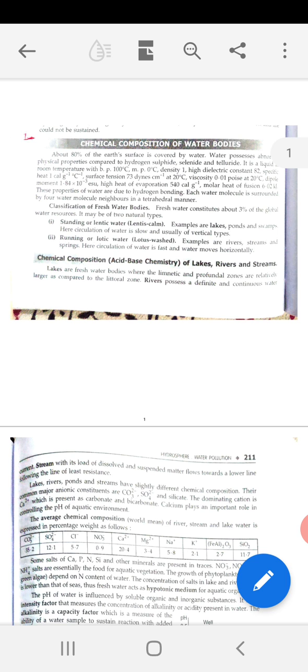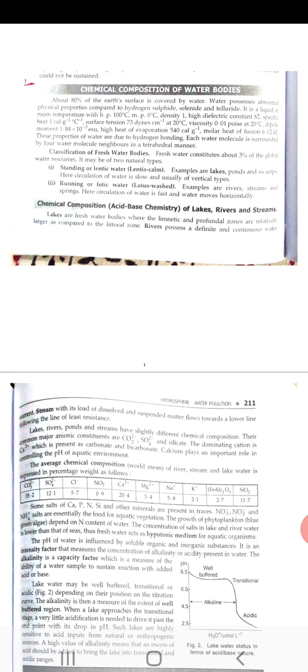It is a liquid at room temperature with boiling point 100 degrees centigrade, melting point 0 degrees centigrade, density 1, high dielectric constant of 82, specific heat 1 calorie per gram per degree centigrade, surface tension of 73 dynes per centimeter at 20 degrees centigrade, viscosity 0.01 poise at 20 degrees centigrade, dipole moment 1.84 into 10 to the power of minus 18 ESU, high heat of evaporation 540 calories per gram, molar heat of fusion 6.02 kilojoules.